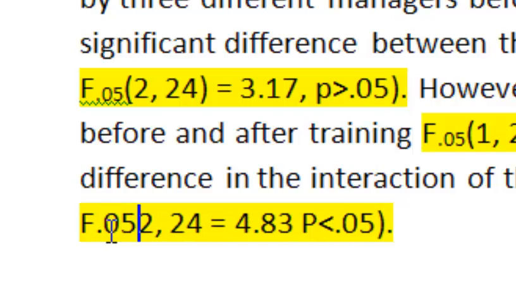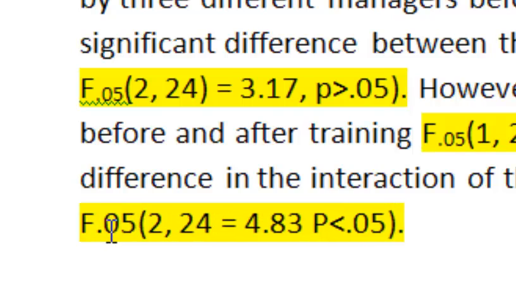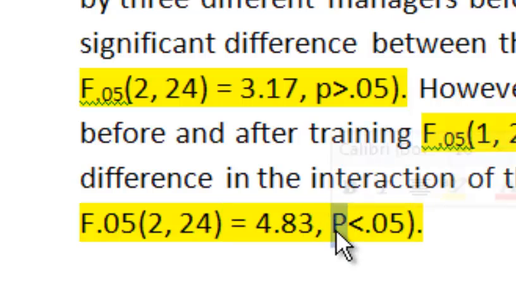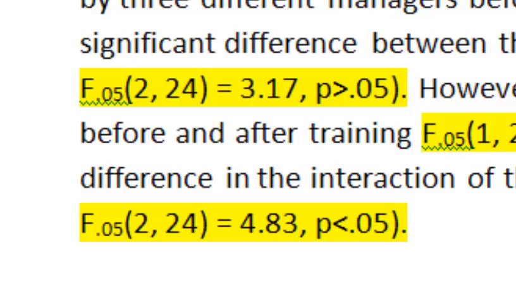The F comes first, 0.05 comes second, parentheses, 2 comma 24 close parentheses, comma, little p. Okay, and I'm shrinking my 0.05 here. So that's the proper way to write these up, okay?